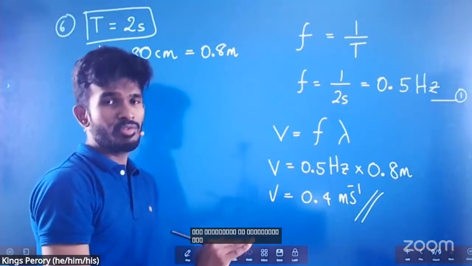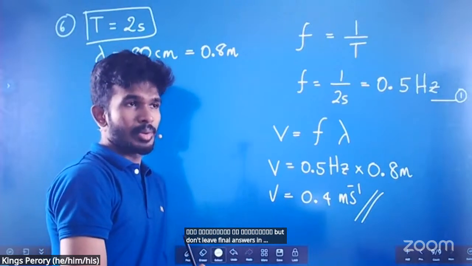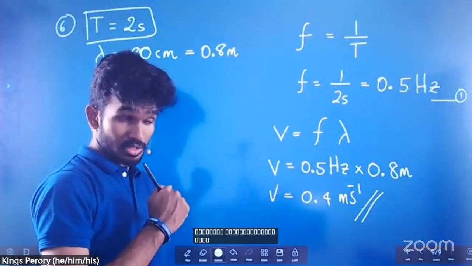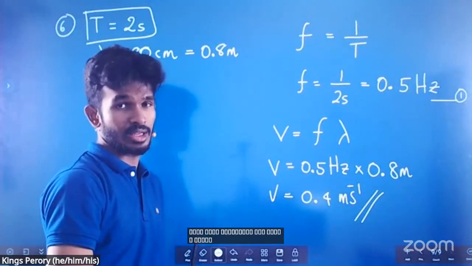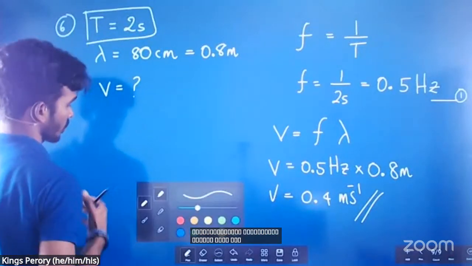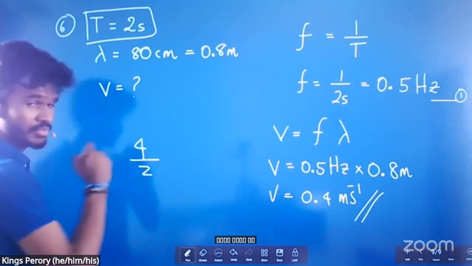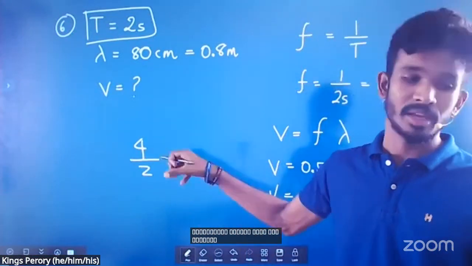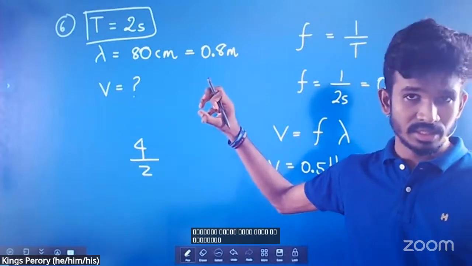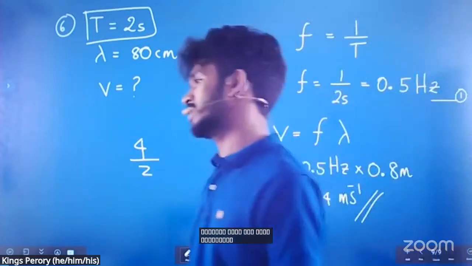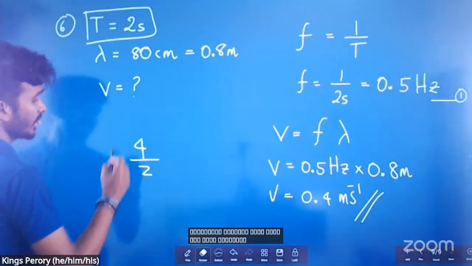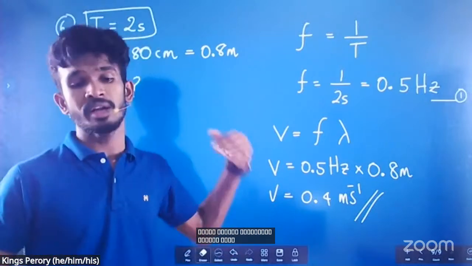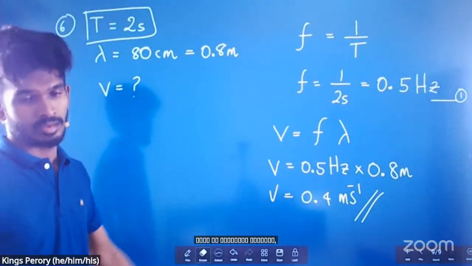But don't leave the final answer as a fraction, because a fraction is not a final answer mathematically. Fraction means what? 4 over 2, what does this fraction mean? 4 is divided by 2. That's the meaning. So don't leave the answer as a fraction. Always leave it as a decimal. Decimal takes us to a final answer. Fraction means further you can do some mathematical operation. Decimal, it's done.